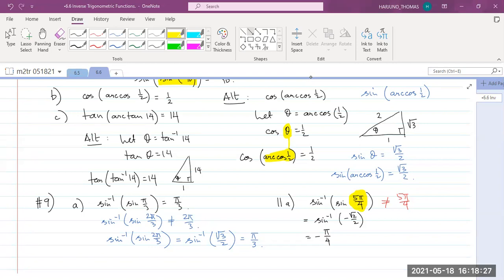That's pi over 4. Now, is sine positive or negative? It's negative. So somebody says, if you use the reference angle and the fact that it is in quadrant 3, then it will be negative.